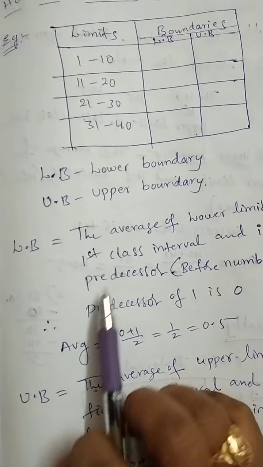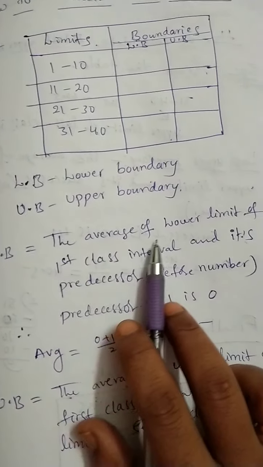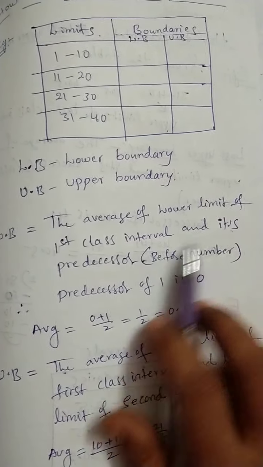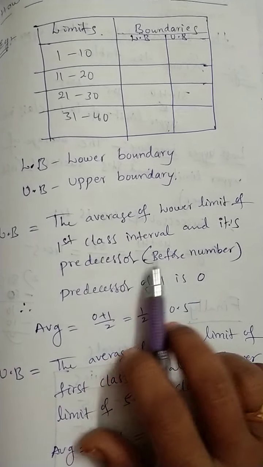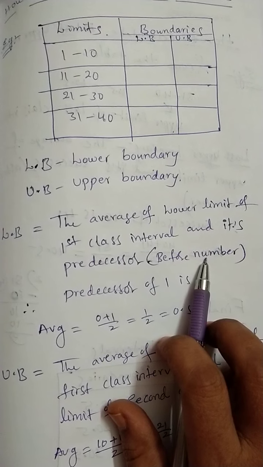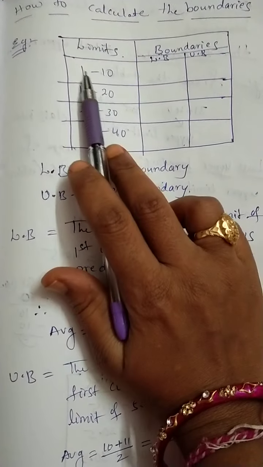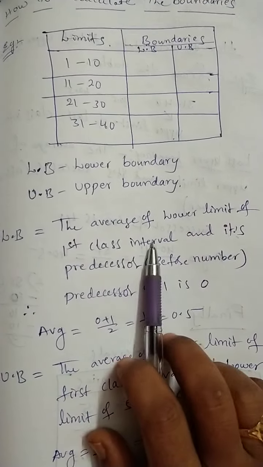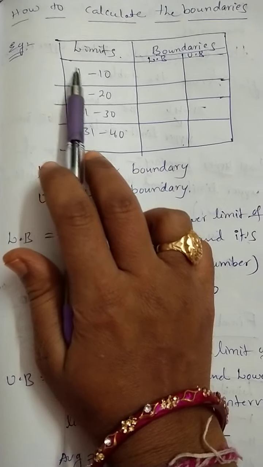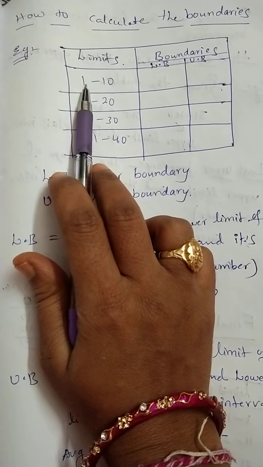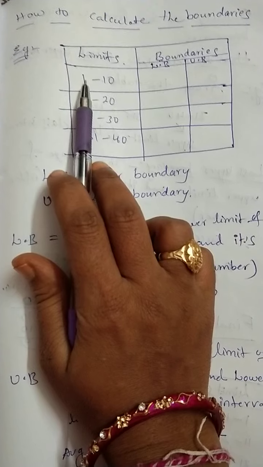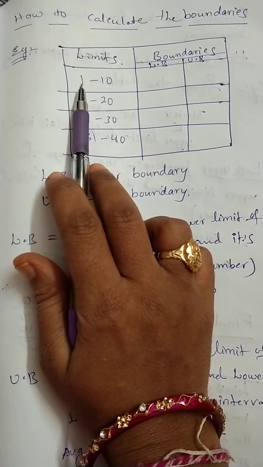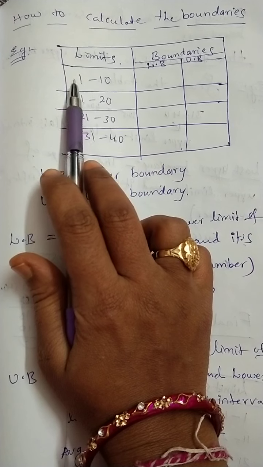Here we should take the average of the lower limit of the first class interval and its predecessor, meaning the number before. This is the first class interval, this is the lower limit. The average of the lower limit and its predecessor.